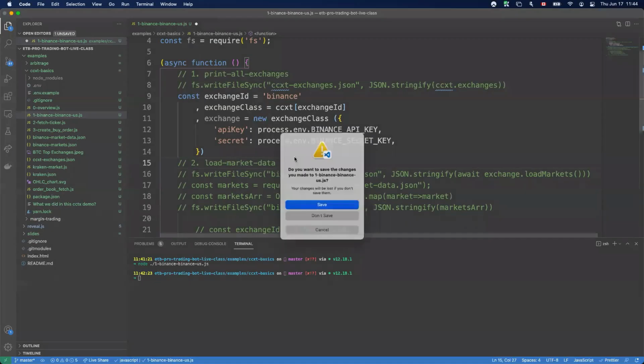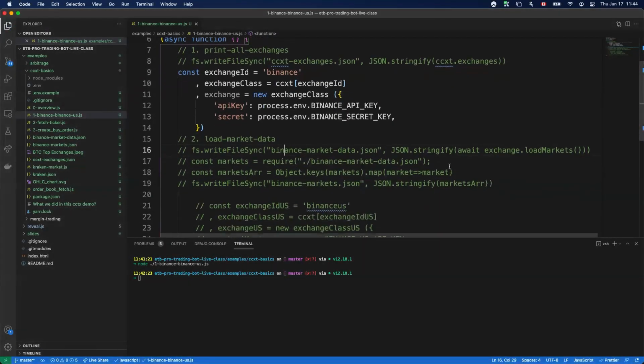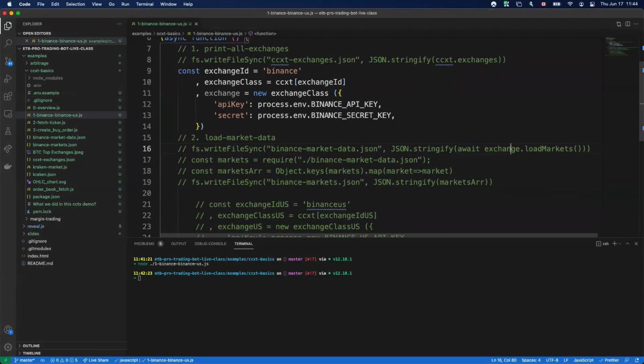All right, the next step is fetching the market data. For that, we have a function called load markets. This is going to get stored into a JSON file called Binance market data.json.